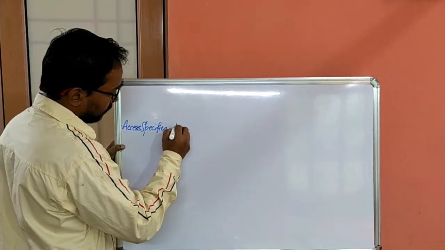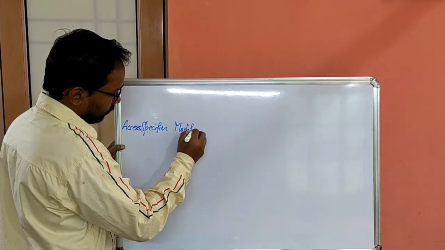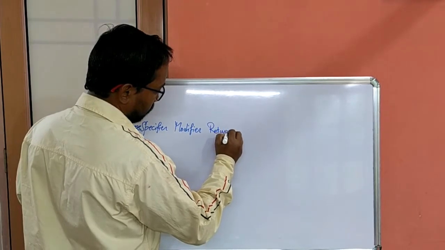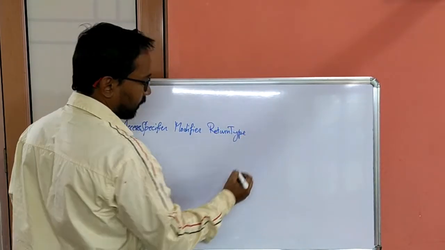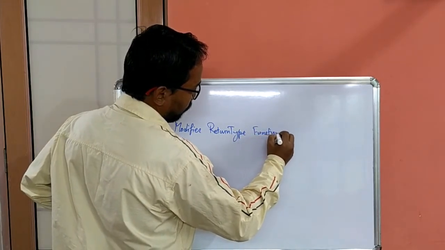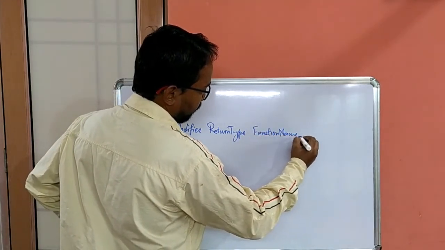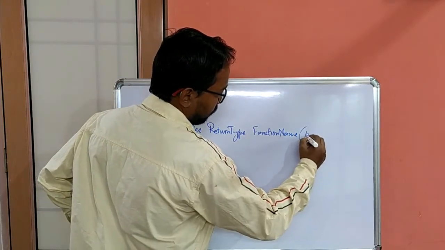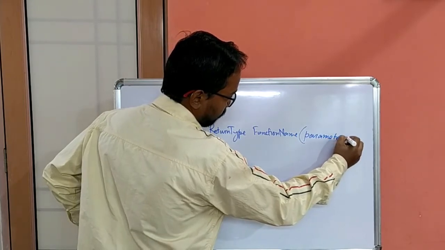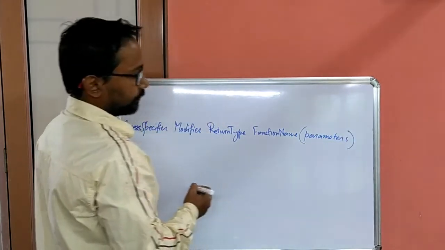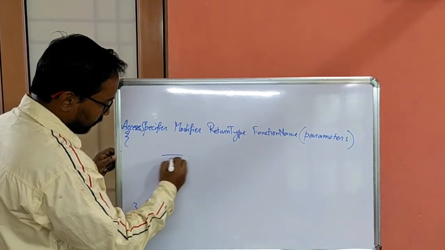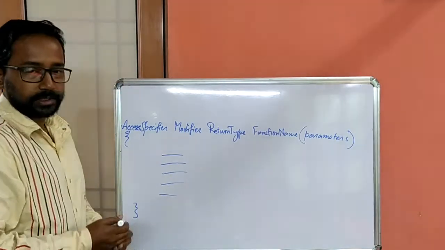Access specifier, modifier, return type, function name, parameters, and then in the second bracket, function statements.